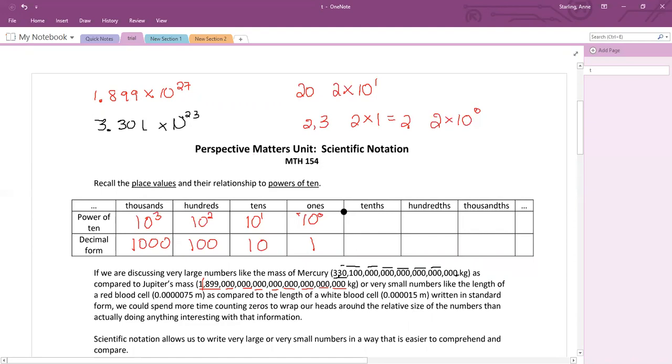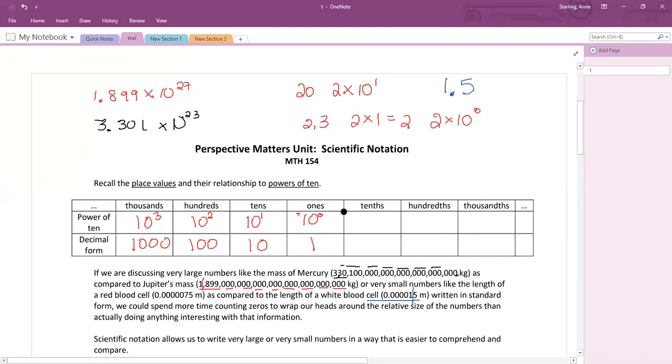So think for a second about this white blood cell that I have down here in the example. Instead of trying to figure out all those zeros, we start by taking the first number we see on the left, and that becomes the first number. Put a decimal, and then we put the 5.